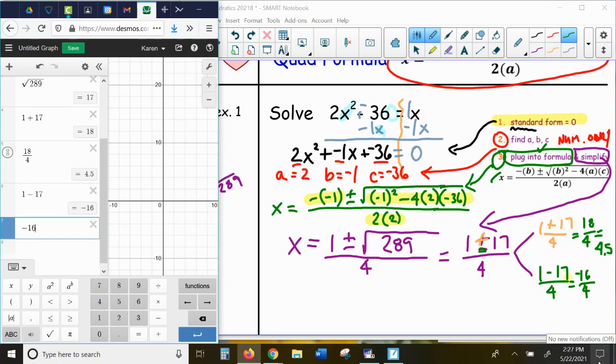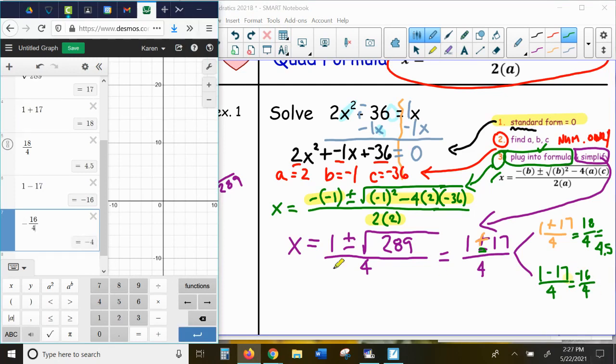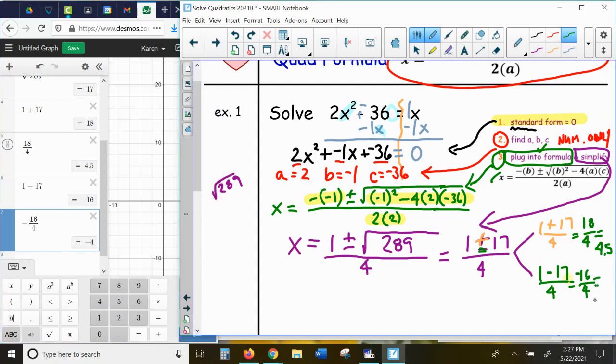Negative 16 over 4 gives me just negative 4. So I have 2 solutions, this one and this one. My solutions are x equals 4.5 and x equals negative 4. Two solutions.